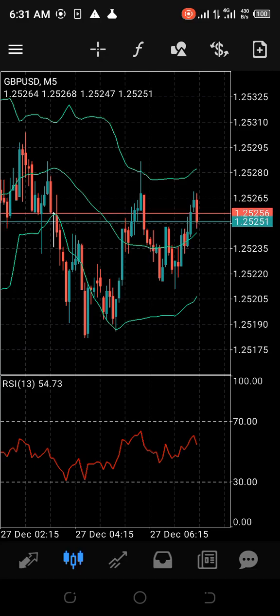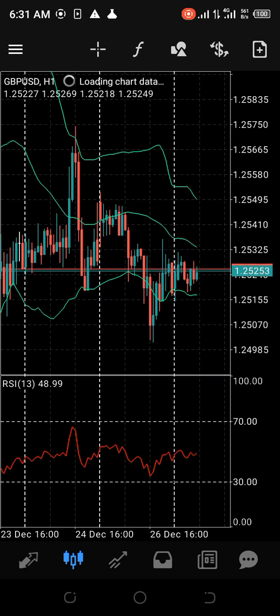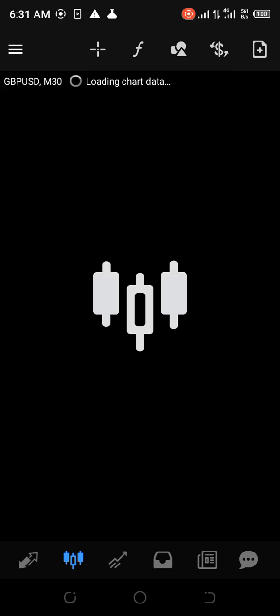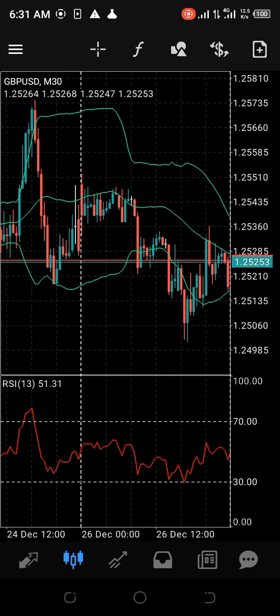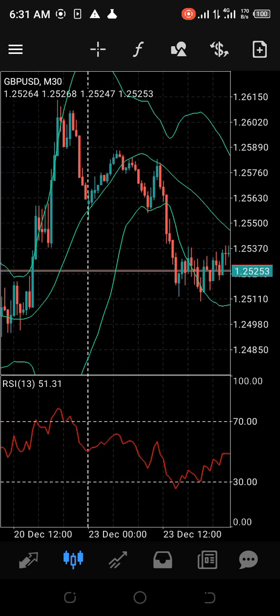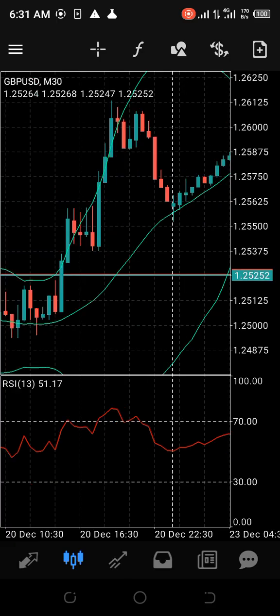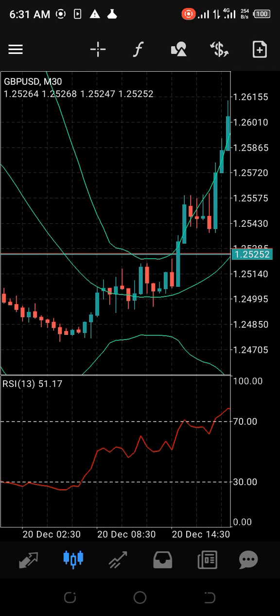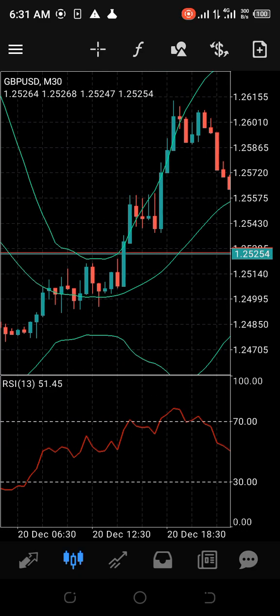Let me use 30 minutes. On the 30 minutes, when you are sure that the market is in an uptrend, for instance here, the market has entered an uptrend on the 30-minute time frame.